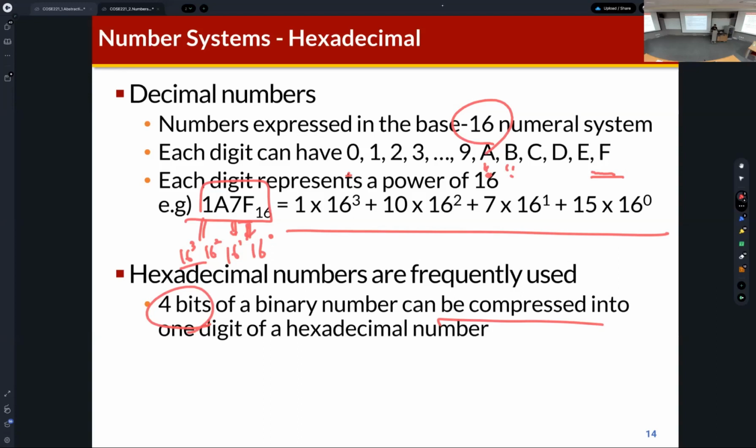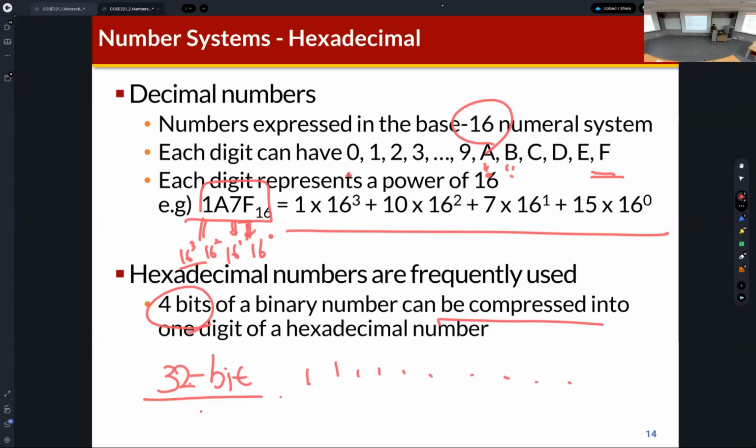If we represent our number using 32-bit binary numbers, then we need 32 digits, like 1, 1, 1, 1, 1, 1, 32 times. It's very long, and not convenient.